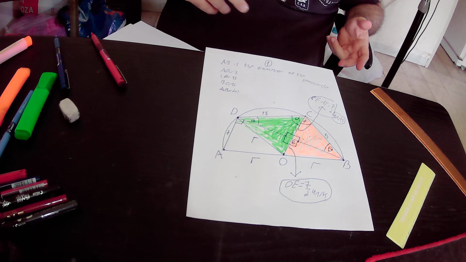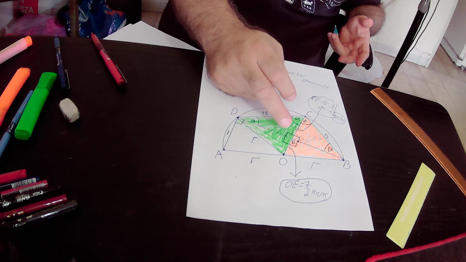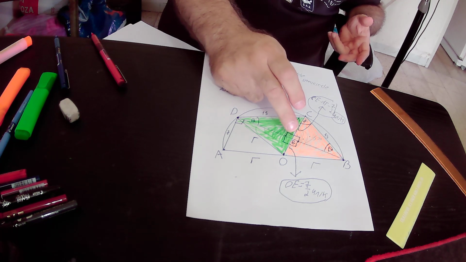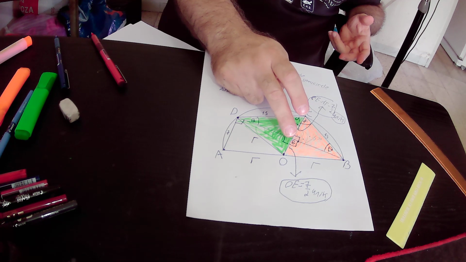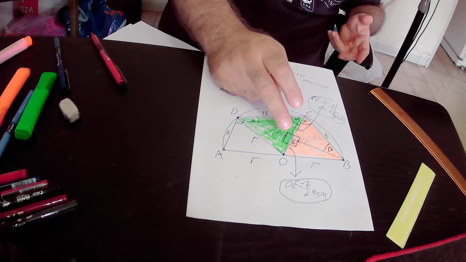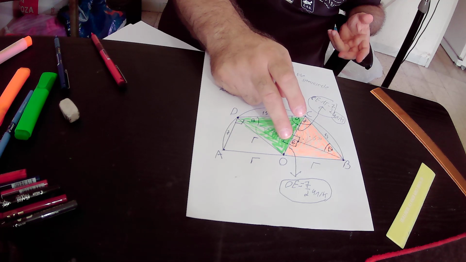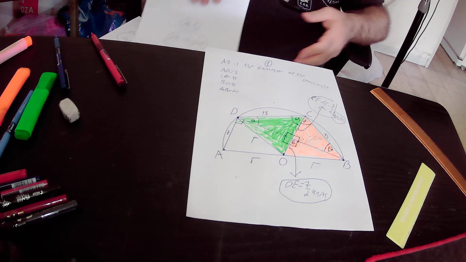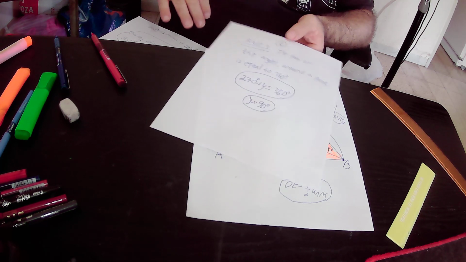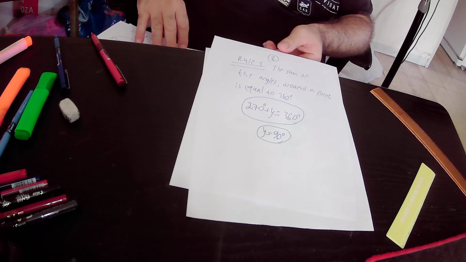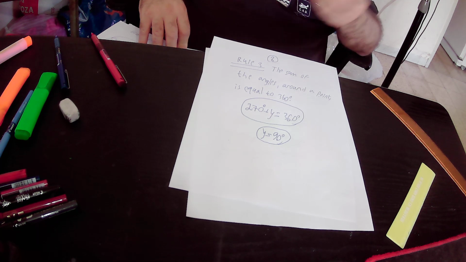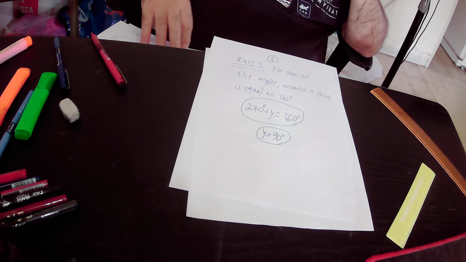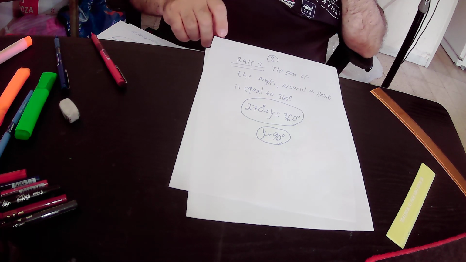So around point E, the sum of three angles is 270 degrees, plus we define the fourth angle as Y, and we have rule number 3 that states that the sum of the angles around a point is equal to 360 degrees. Okay?